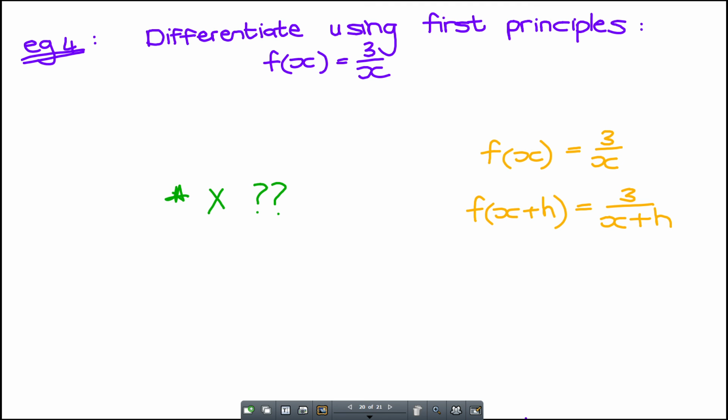So I'm going to say times x plus h, because then I'm getting rid of that fraction. But I can't just multiply with it, I must do that because that whole thing is 1. So then I'm not changing anything here. That over h. It makes sense.